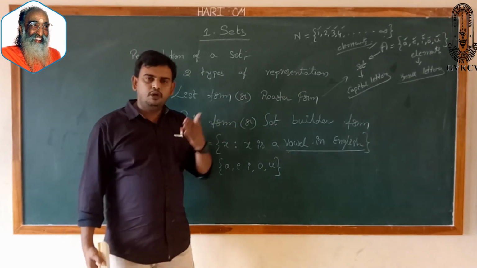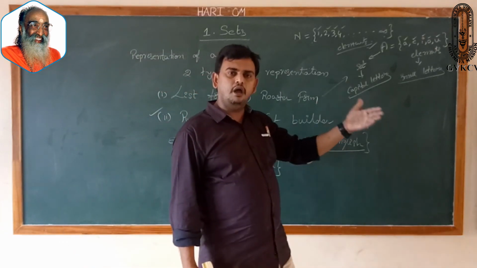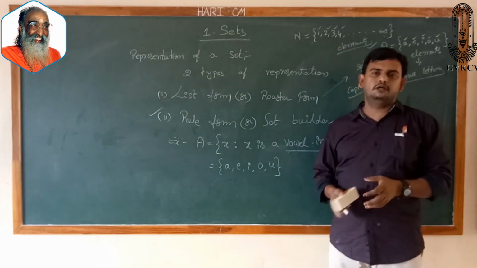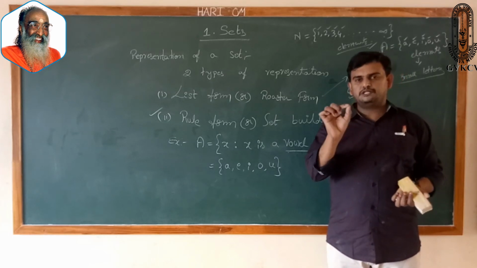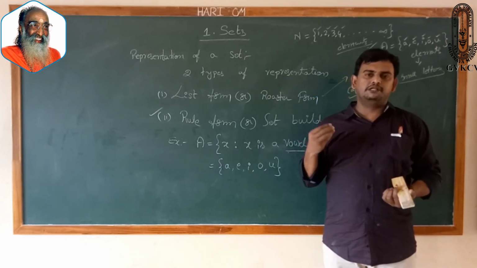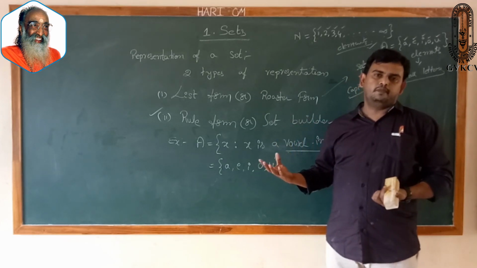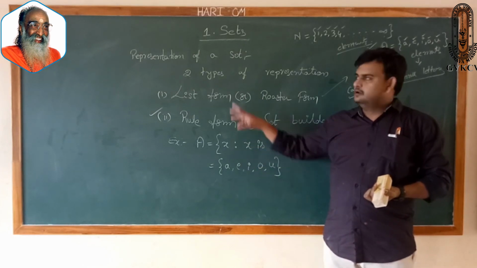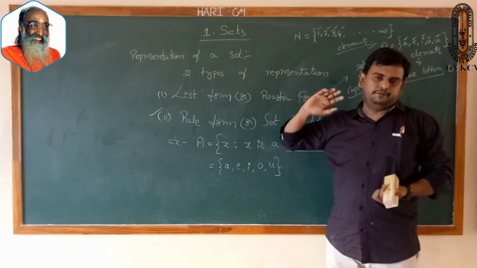List means we are able to list out the elements. Rule form is where we are unable to list out the elements, we are just mentioning a formula or a condition or a rule. So these are the types of representing a set.